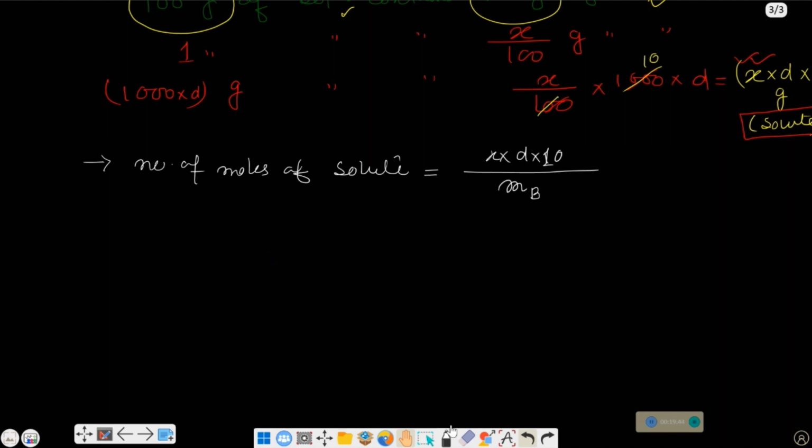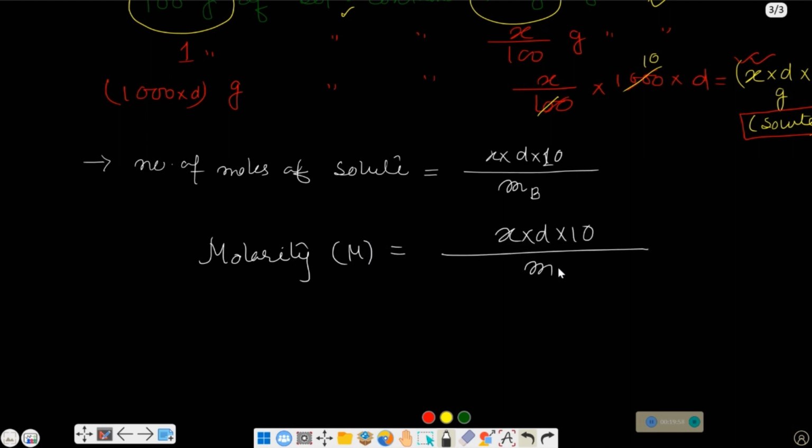If we take this number of moles, molality will be how much? So not molality, it is molarity, sorry. Molarity, capital M, is equal to number of moles, x into d into 10 by Mb, in 1 liter of solution, right? Per liter means we have already taken this as 1 liter.